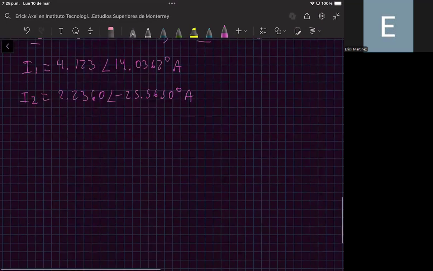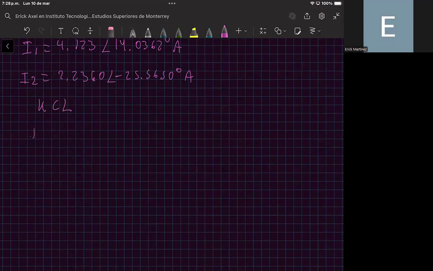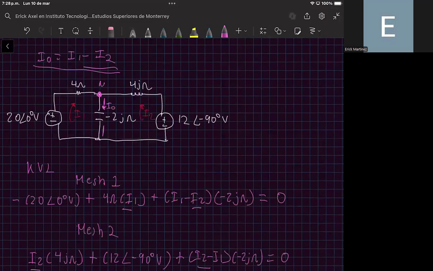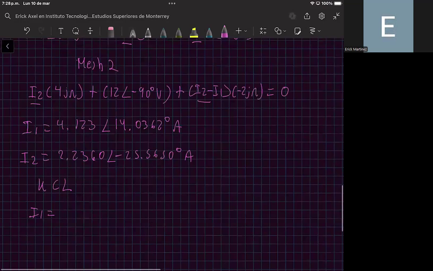Based on the Kirchhoff current law, this current I1 is split between this branch and this other branch. So this current I1 should be equal to I sub 0 plus I2, so I sub 0 is equal to I1 minus I2.